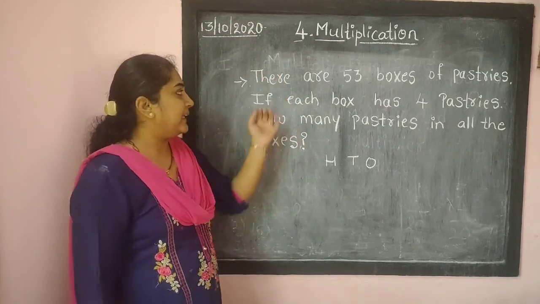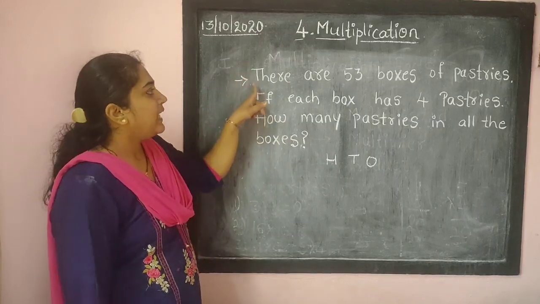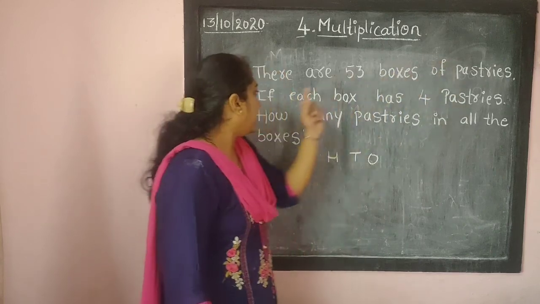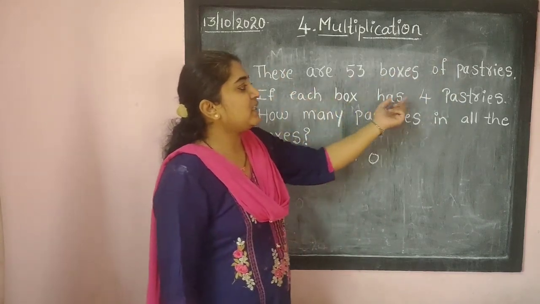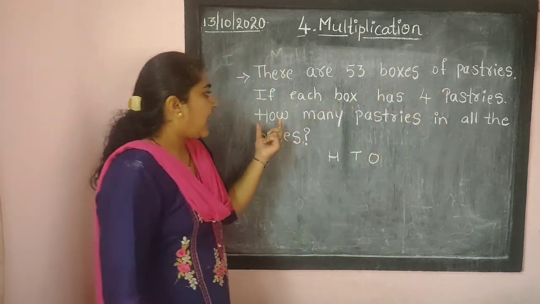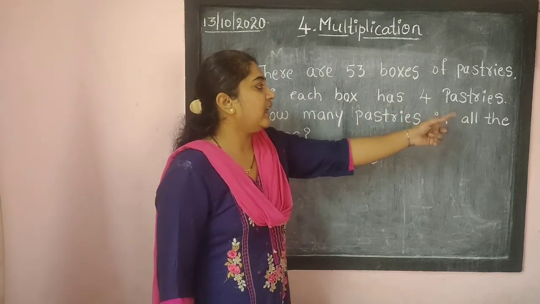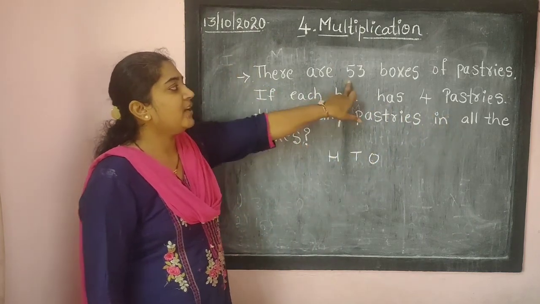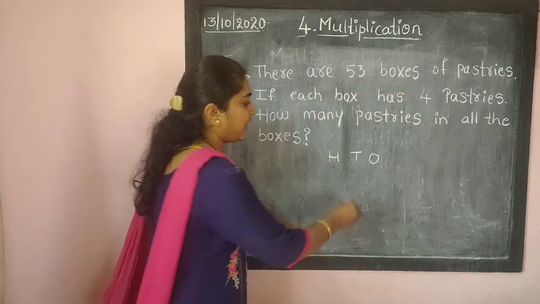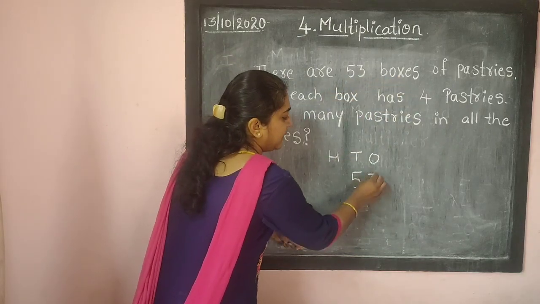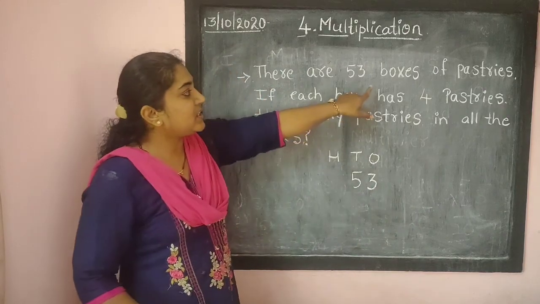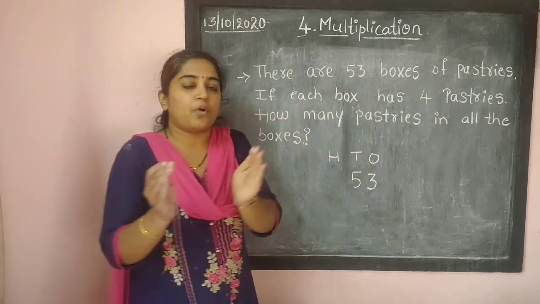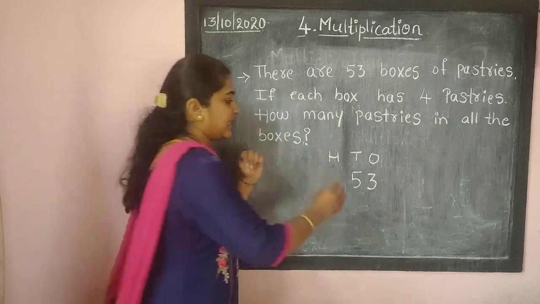See one more example here. I will read the question. There are 53 boxes of pastries. If each box has 4 pastries, how many pastries are in all the boxes? There are 53 boxes, and each box contains 4 pastries.